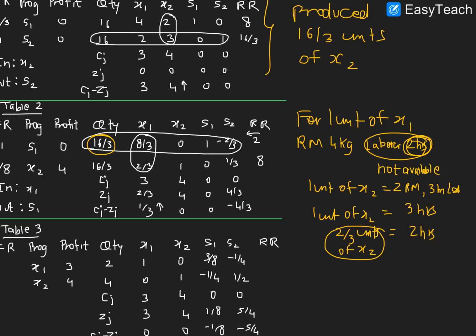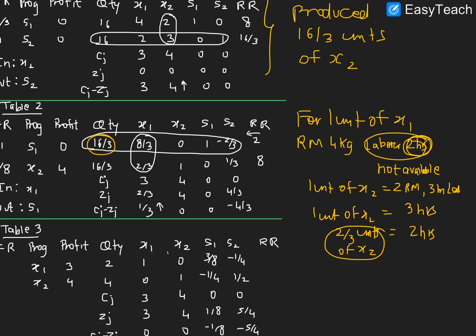Okay, then coming to this number 8 by 3. Why is the ratio between S1 and X1 now 8 by 3? As we have observed, we have decided that we need to sacrifice 2 by 3 units of X2 to get these 2 hours.